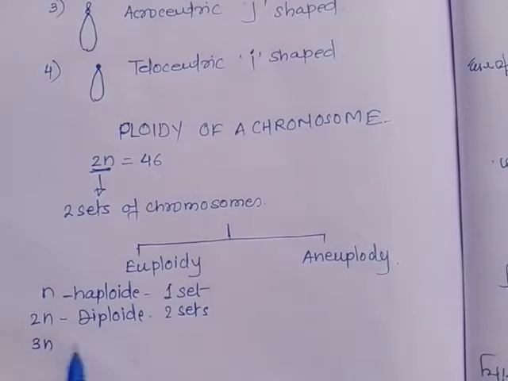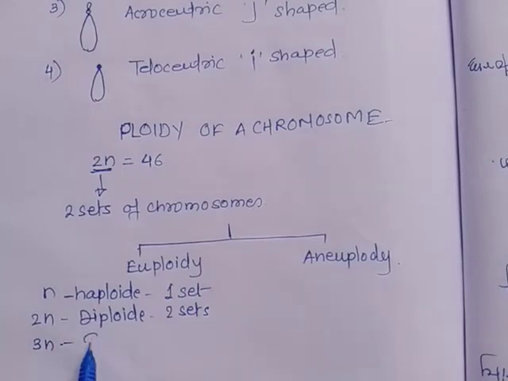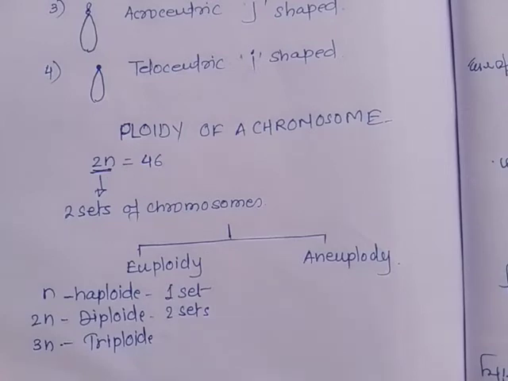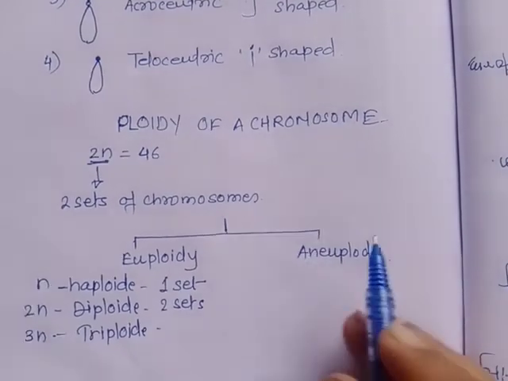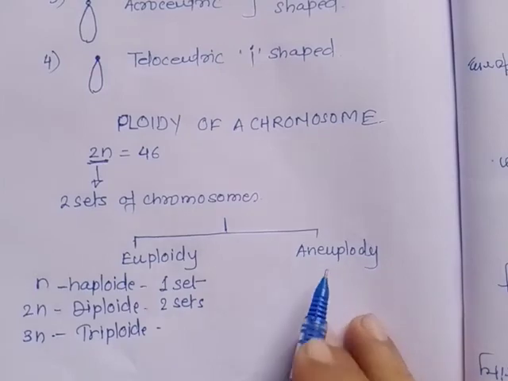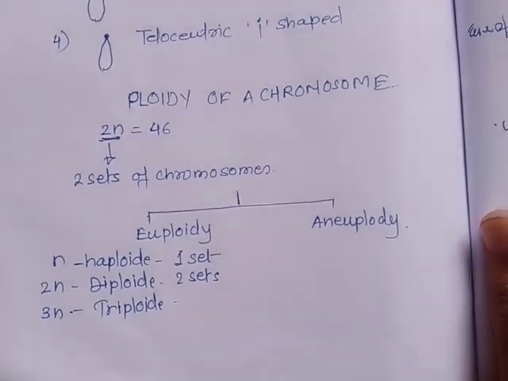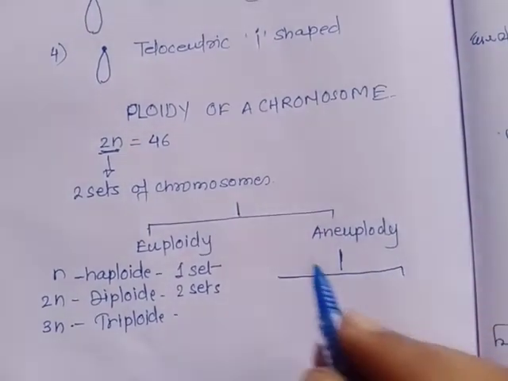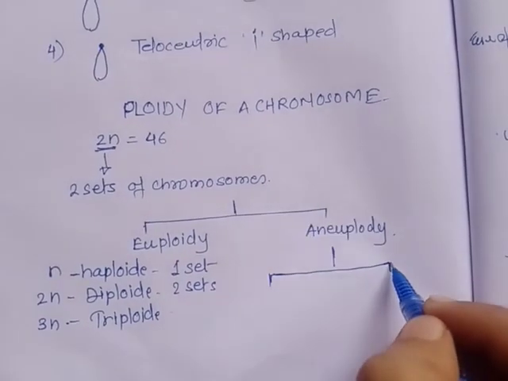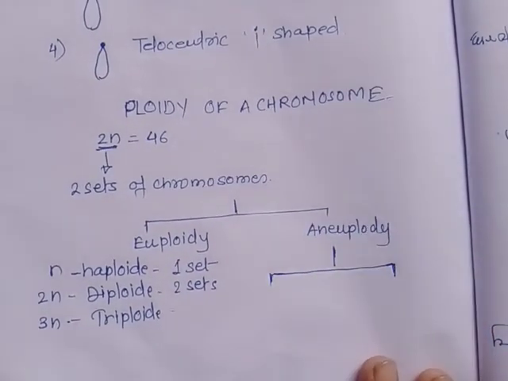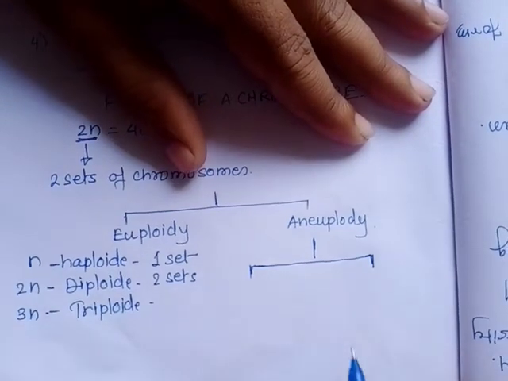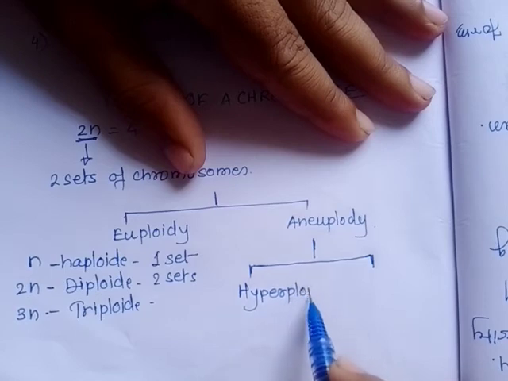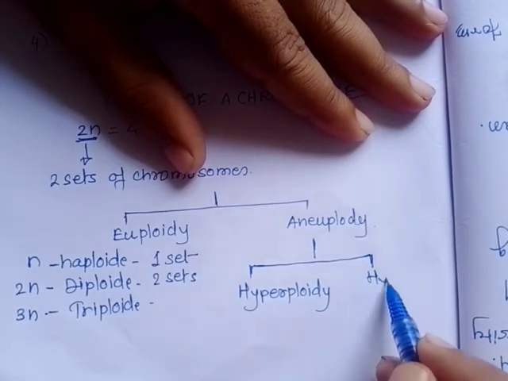Similarly, there are triploids, tetraploids and polyploids. Aneuploidy is where the complete set is not present, and it can be of two types: one is called hyperploidy and the other is called hypoploidy.